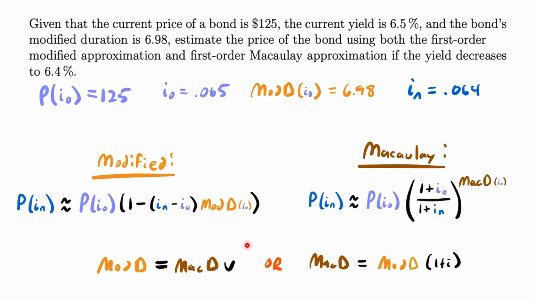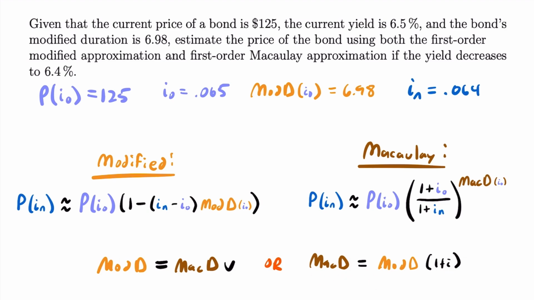All right, this is the same relationship. It's the same equation. It's just that this one is solved for the modified duration and this one is solved for the Macaulay duration. Well, what we want to use is this right here. We want the Macaulay duration for this bond using the original interest rate of 6.5%. So what we can do is take the modified duration at that interest rate and multiply it by 1 plus that interest rate, and that will give us the Macaulay duration.